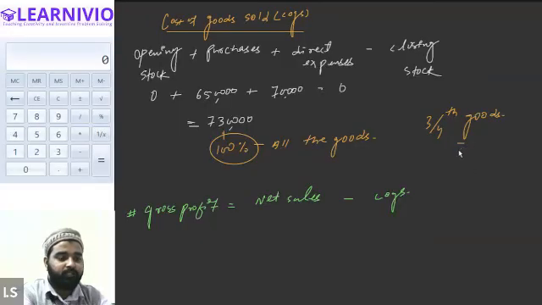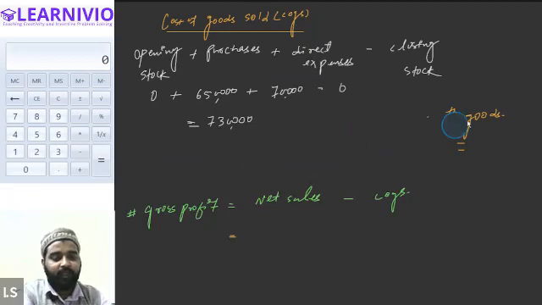Now, if only 3/4 of the goods are sold in the market, then in order to find out the gross profit, we will have to consider only 3/4 of the total cost. Because if only 3/4 of the goods have been sold, we will have to consider 3/4 of the cost of goods sold.